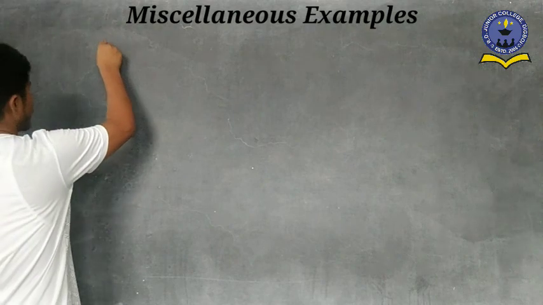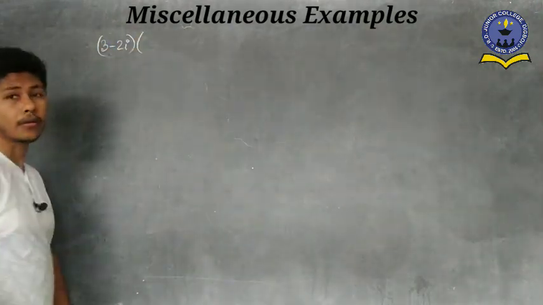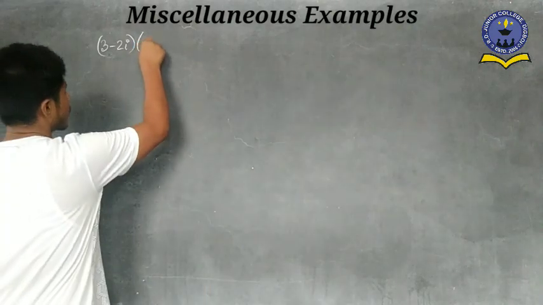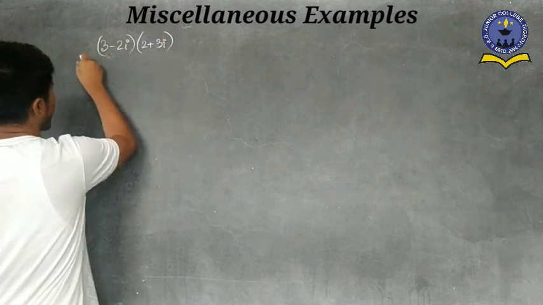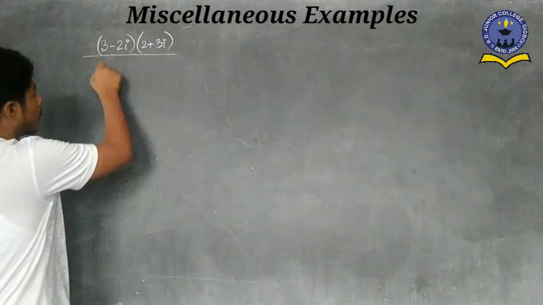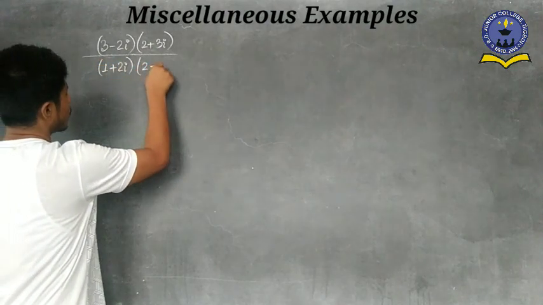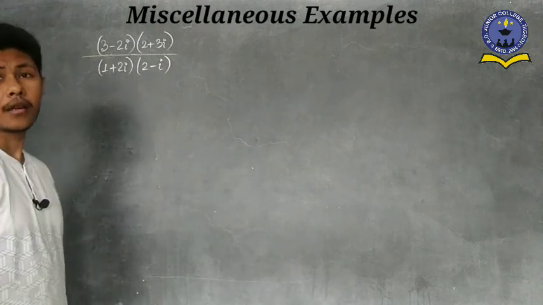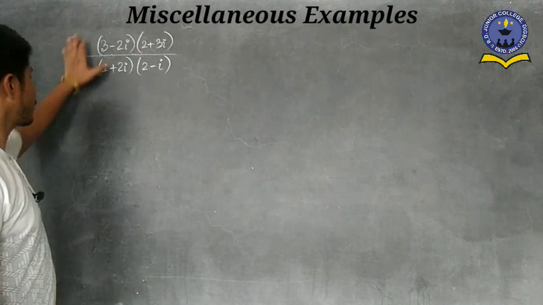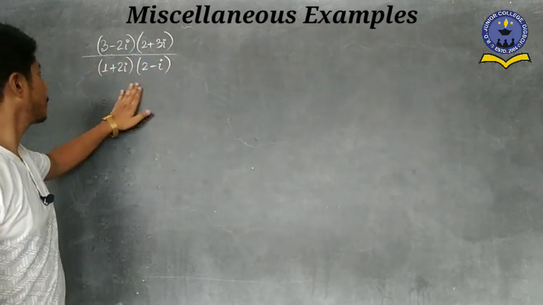So here given is 3 minus 2i into 2 plus 3i, divided by 1 plus 2i into 2 minus i. Is it clear? This is the expression given here, and we have to find the conjugate of this expression.